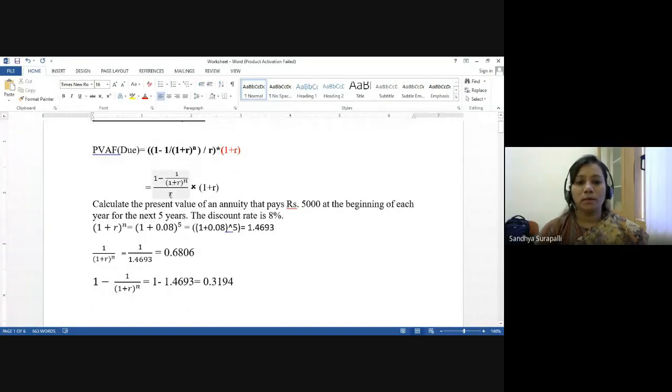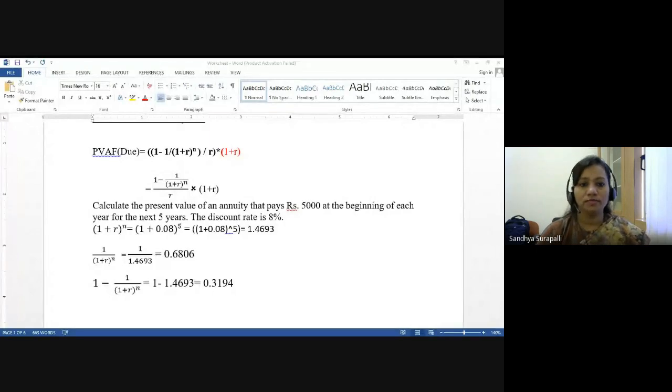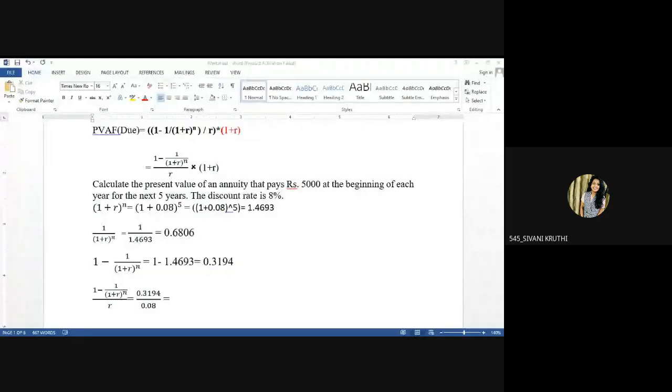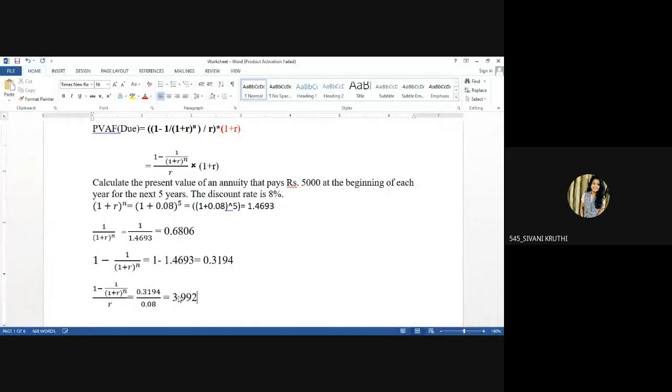Now implement this denominator. We already know the numerator. 0.3194 divided by r, which is 0.08, gives 3.9925.